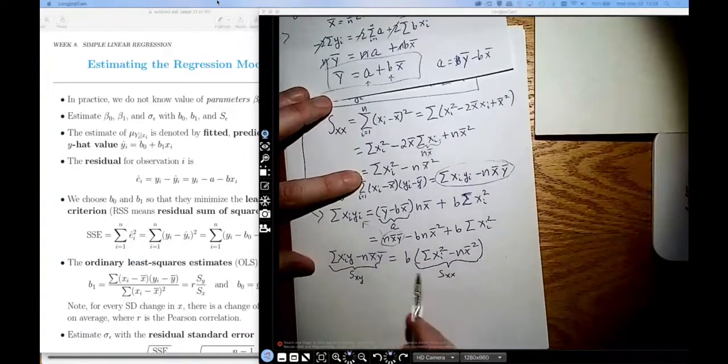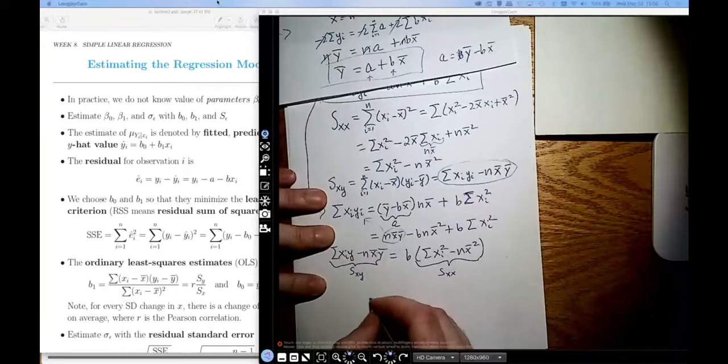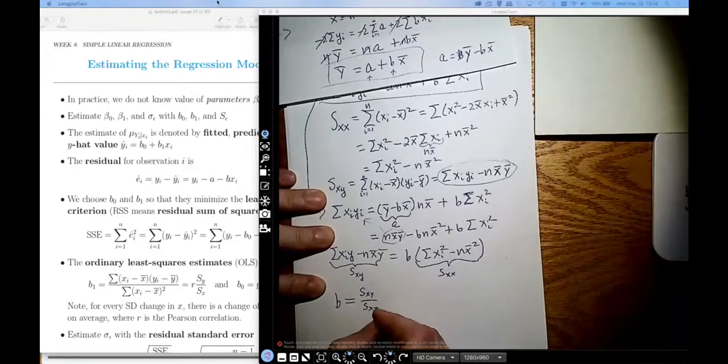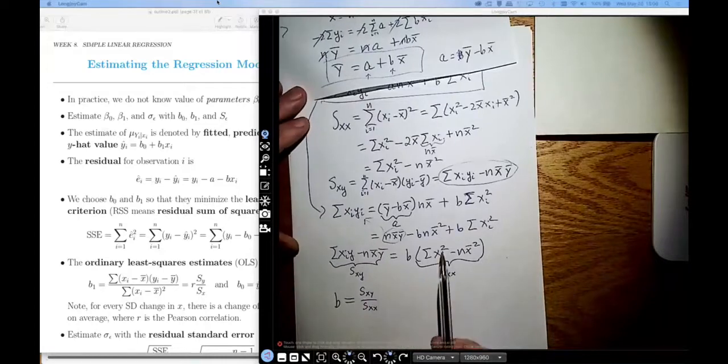And so this equation, after I've made these strategic substitutions, becomes extremely simple. So my OLS estimate of b is simply going to be Sxy all over Sxx.